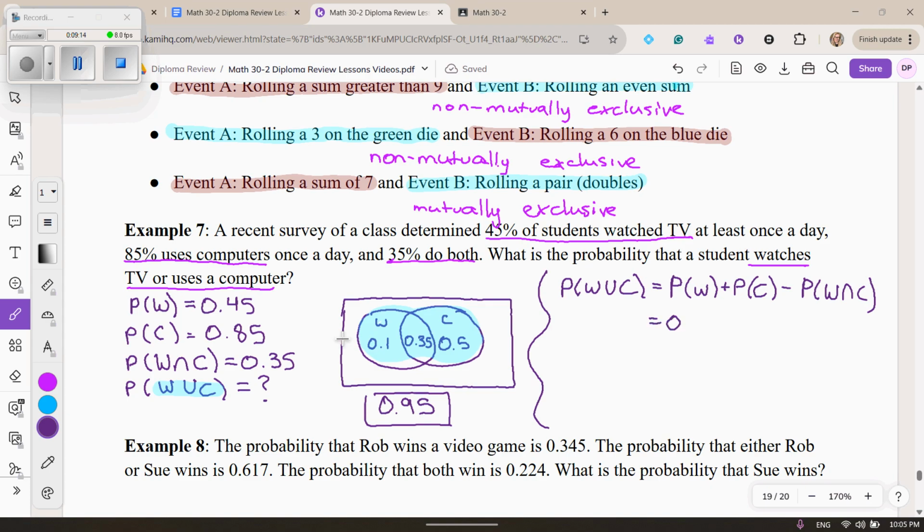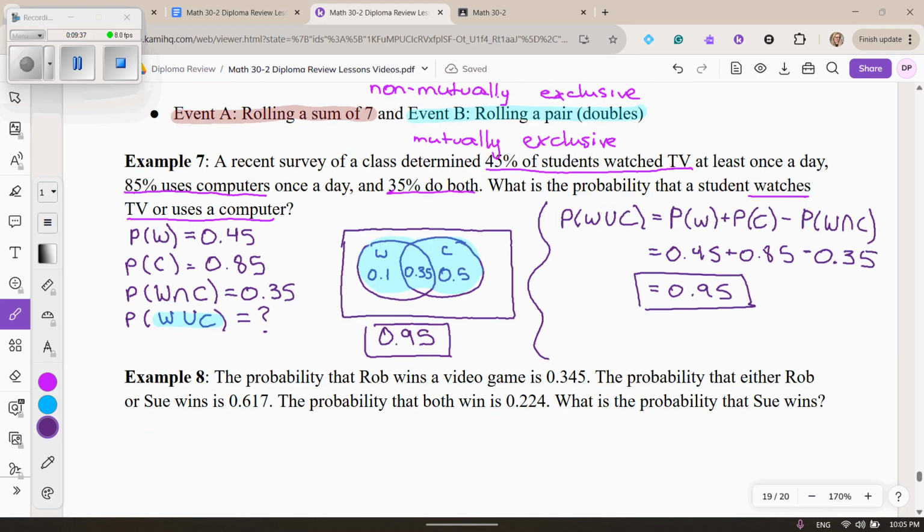So we fill that in: 0.45 plus 0.85 minus 0.35. And we get the same final answer. So you choose which method works best for you. Even better, do both of them, and then you'll know for sure.